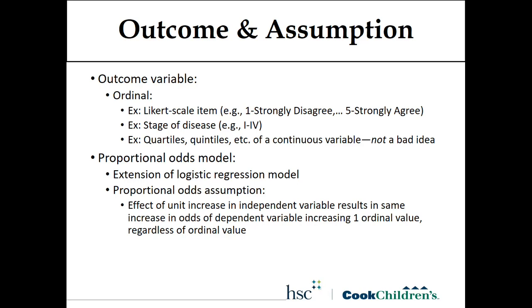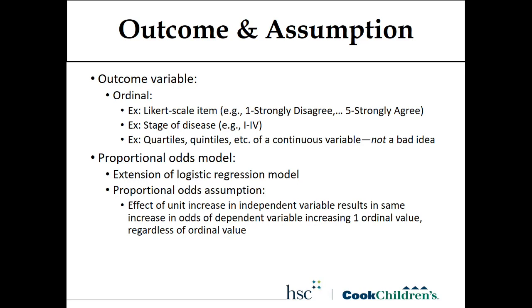And so this single sentence that I have there at the bottom is the best sentence I could find to describe what we're trying to explain. The effect of a unit increase in the independent variable, for example, from strongly disagree to disagree, results in the same increase in odds.